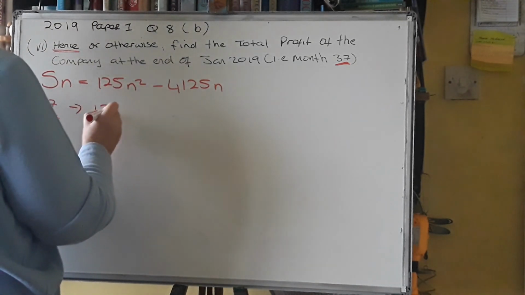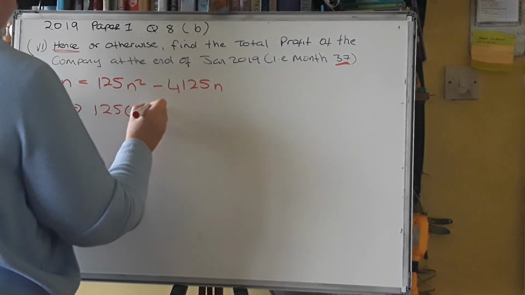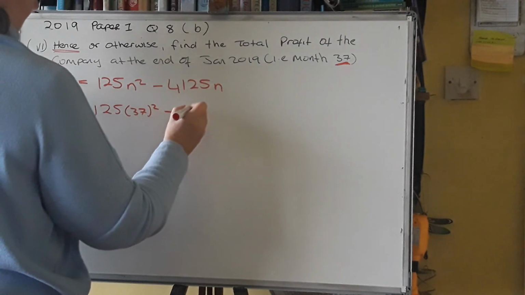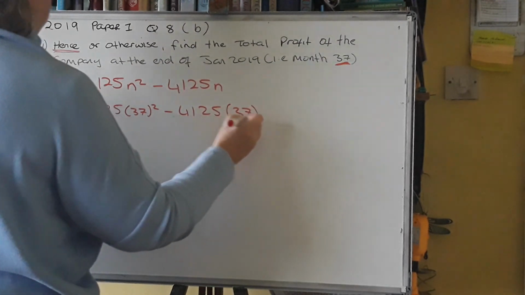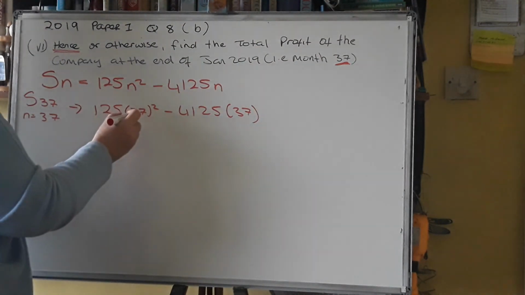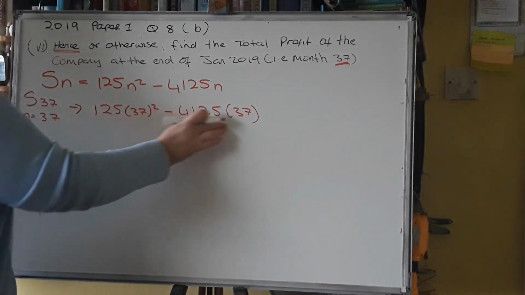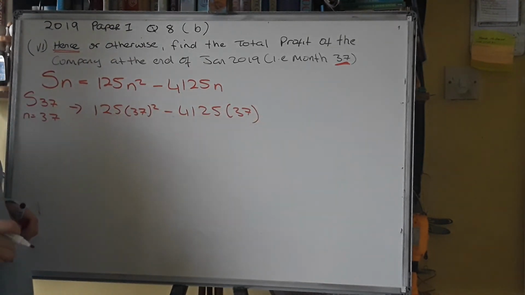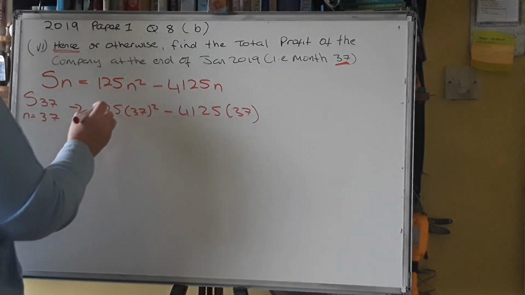So you have 125 by 37 squared minus 4,125 by 37. Okay? So, again, at this point, right here, you could just put that straight into your calculator and get the answer. Just type it straight in as you see it there and you should get the answer.